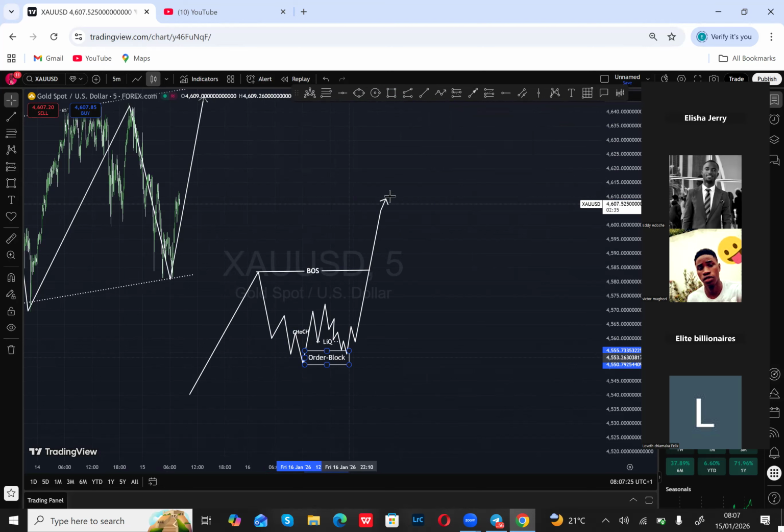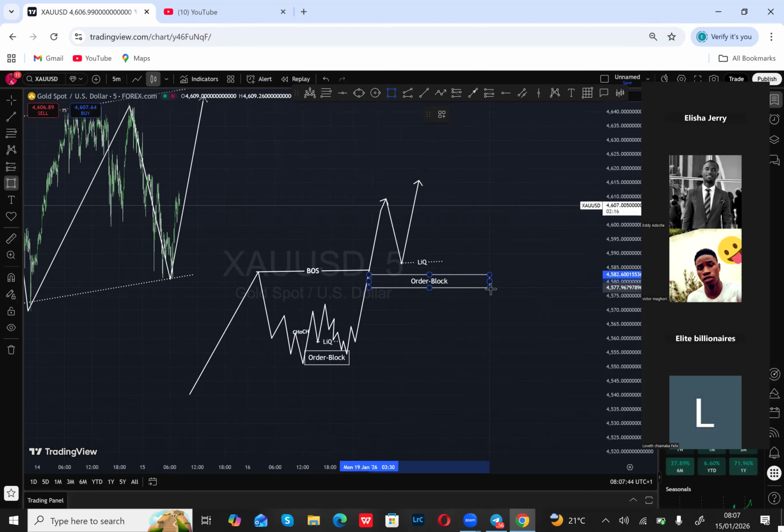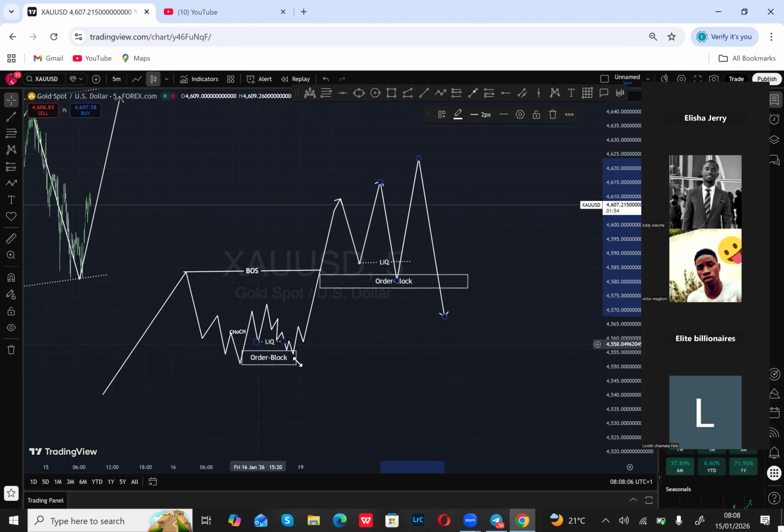Now, let's say you have price creating liquidity here, and then an order block around here where you are buying from. If price comes here, respects this, and eventually takes it out, where do you expect price to react from? Based on the storyline told here, where you have a change of character, liquidity, and an order block.